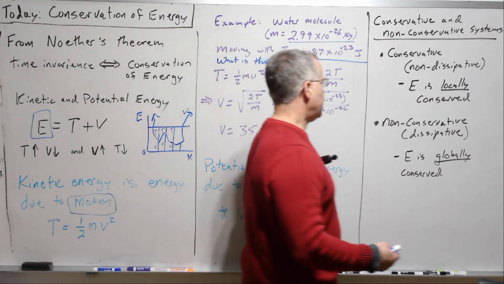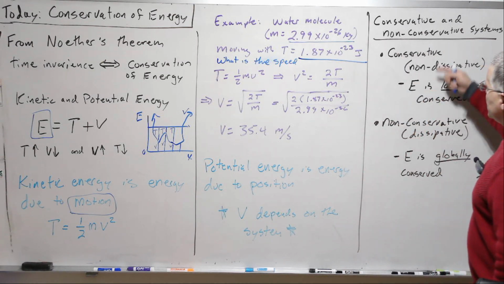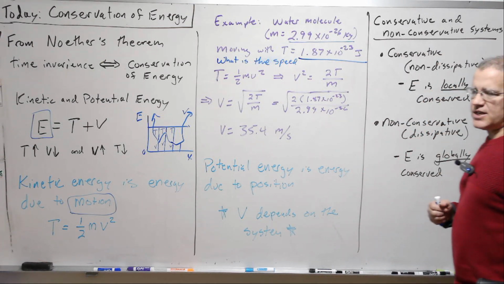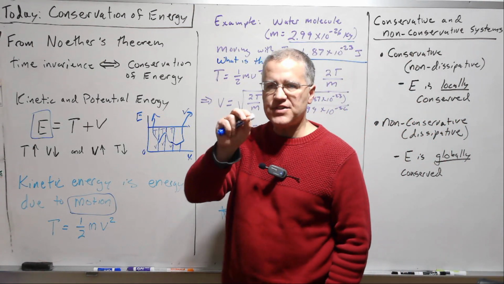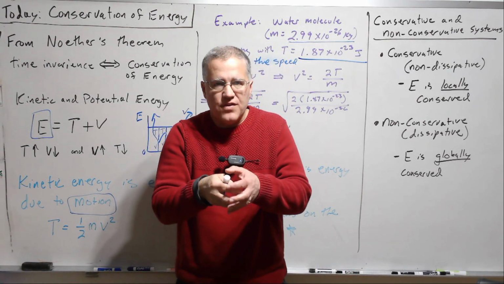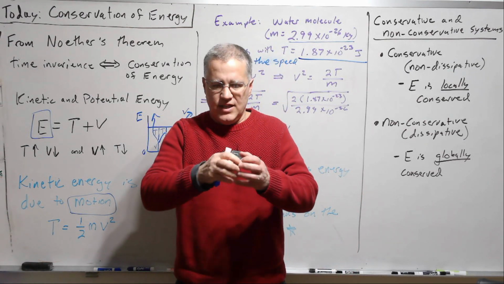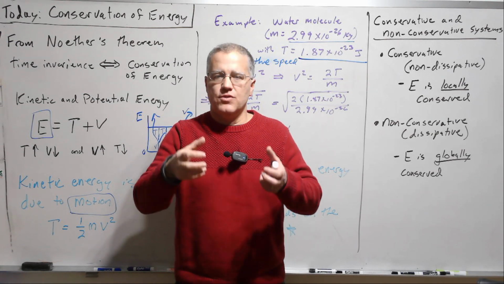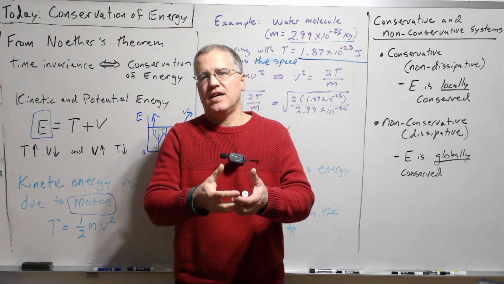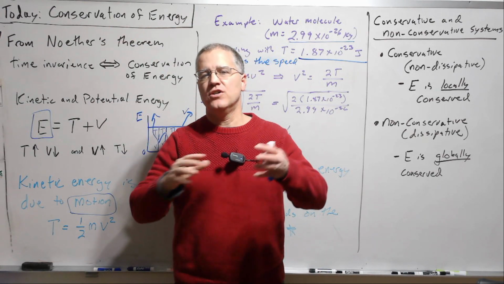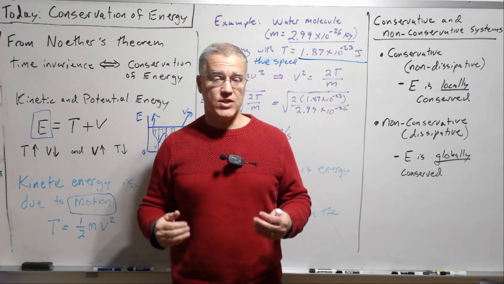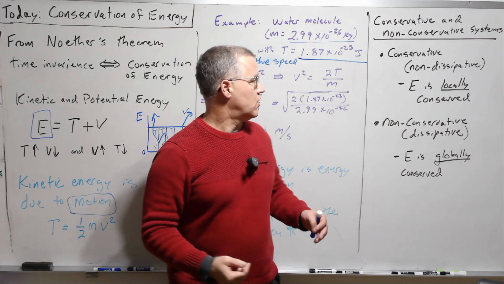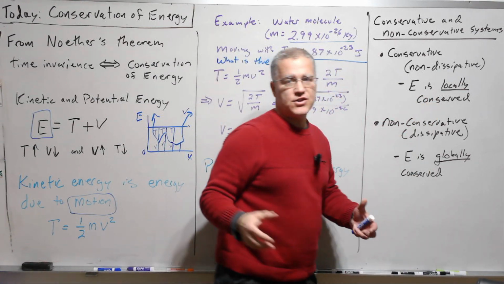Both of these words can help us a bit. In a conservative system, we think about the system as being the whole universe. Or another way to think about it is it's in a complete vacuum. So all that there is is that system. There's no interaction with its surroundings, in which case energy is what we say is locally conserved to that system.